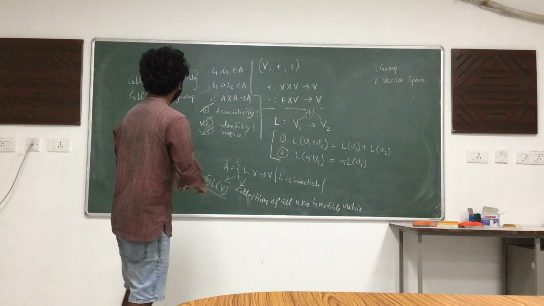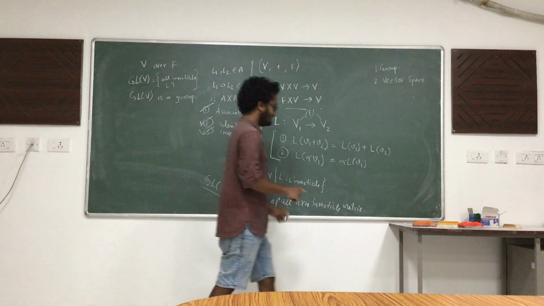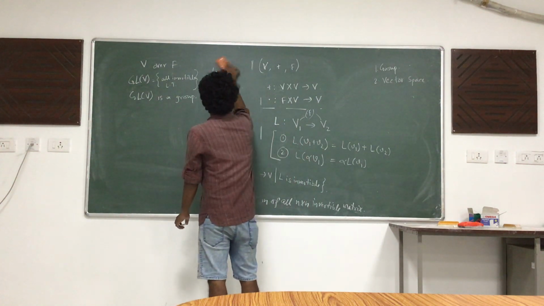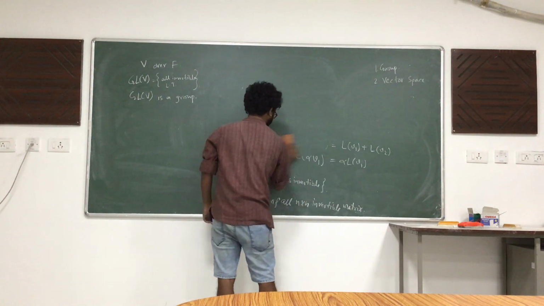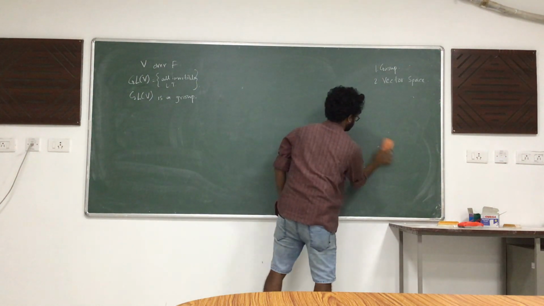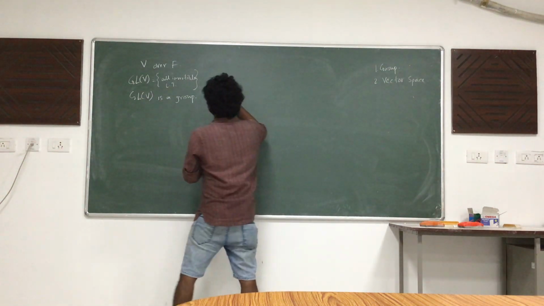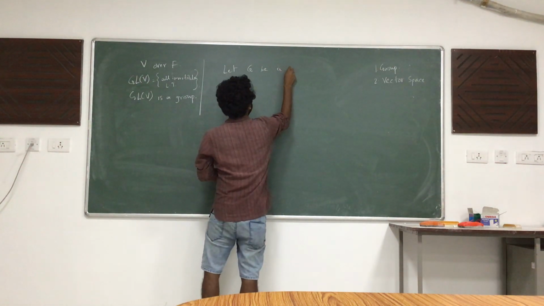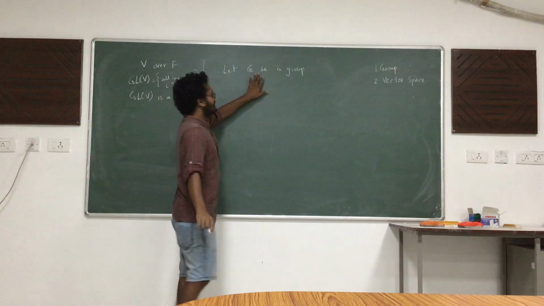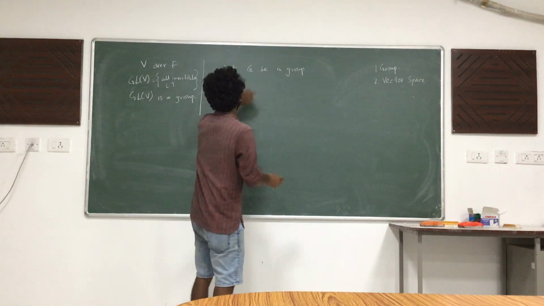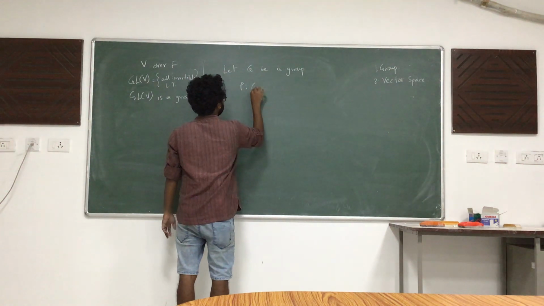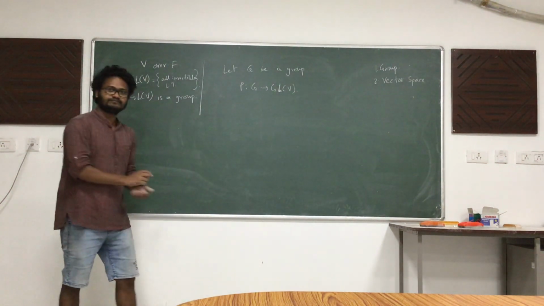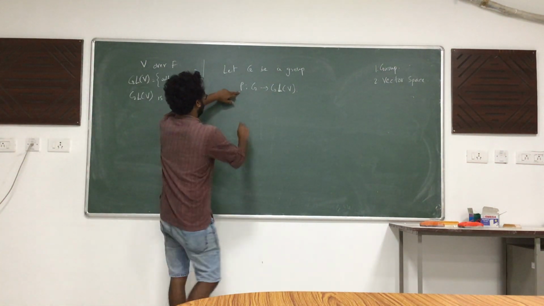So GLV is a group under the composition operator. Now let G be any group, and let us say rho from G to GLV.